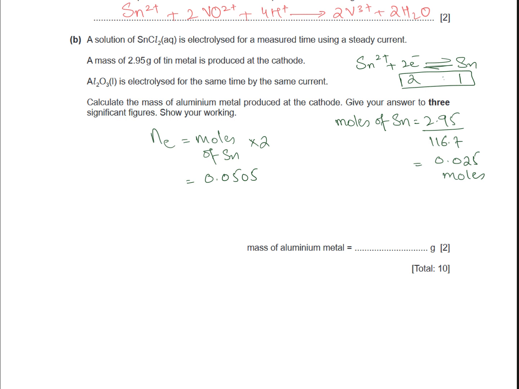Now to calculate the mass of aluminium metal produced at the cathode, give your answer to 3 significant figures, for the same time by the same current. That means the number of electrons is not changing. But when I talk about aluminium, I get Al3+ plus 3e- in equilibrium, forming Al, and the mole ratio for aluminium ions to electrons is going to be 1:3.